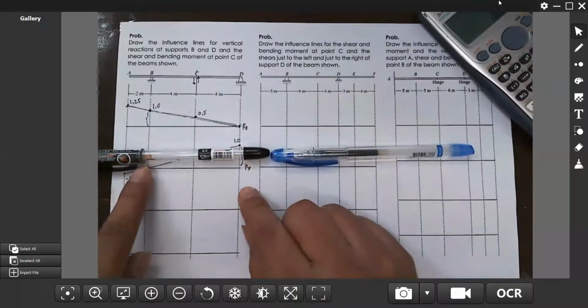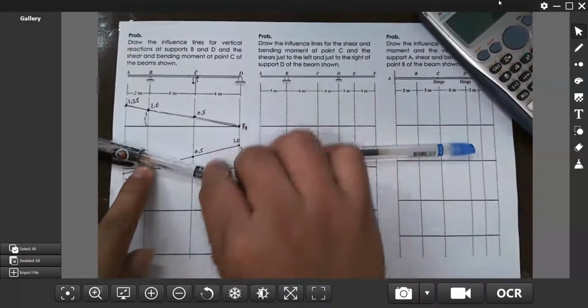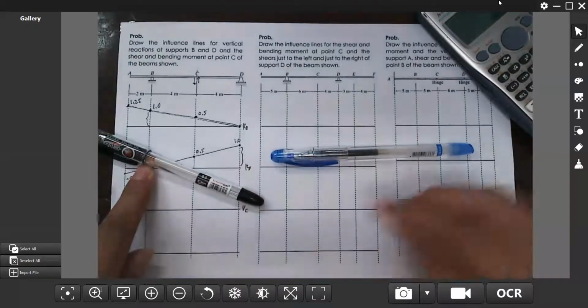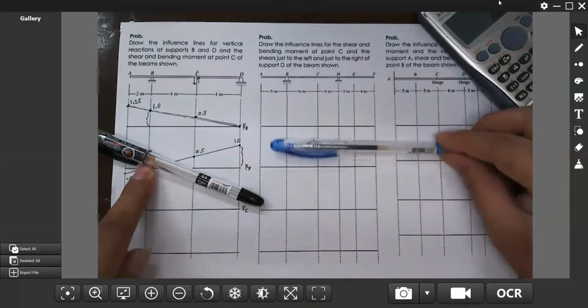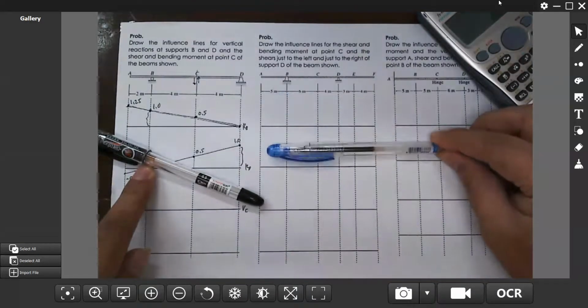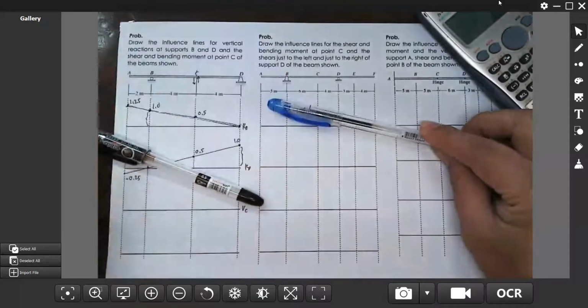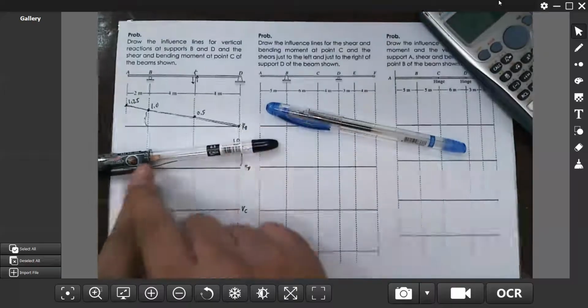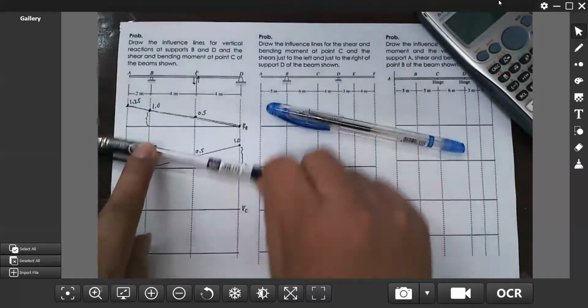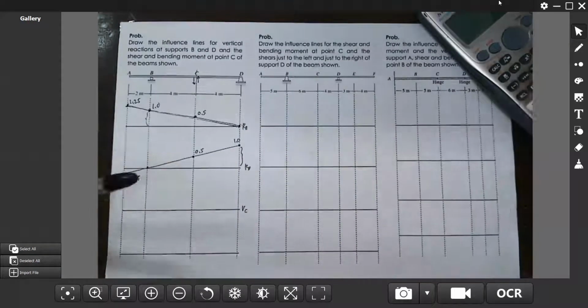So, naki-support dire sa B, di ba? Mana ni siya. Mo rotate dire. While kini siya karon, mana ni siya. Okay, yung mo na i-push upward, ano, while kini, magmutuyok sa B yan. So, mo ni yung diagram karon.